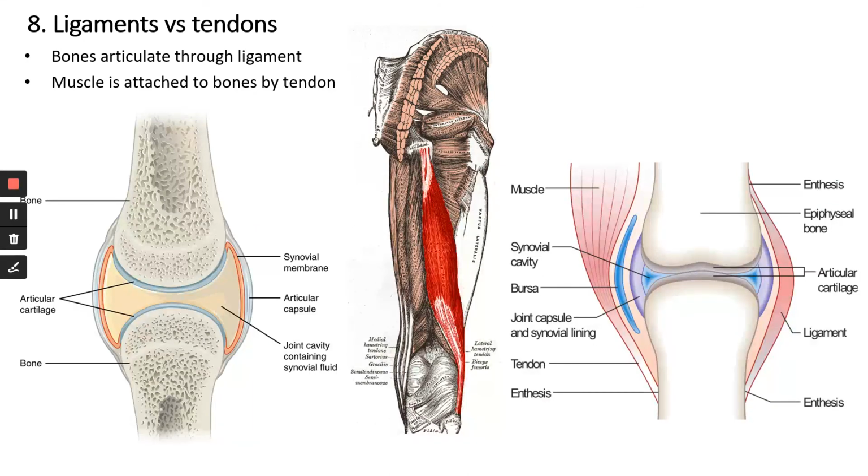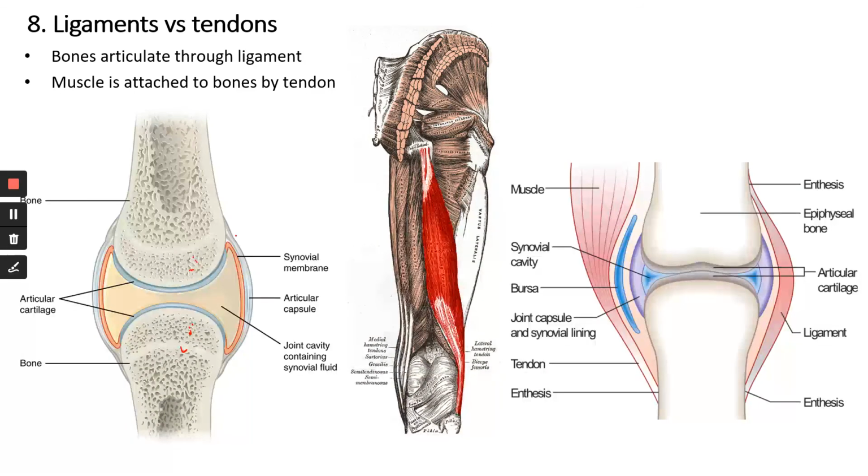We need to look at ligaments and tendons to know the differences between those two, because I have seen questions on the differences between those two structures. The difference is actually very straightforward. Remember, we just talked about joints, right? So you have adjoining bones. Ligaments connect bones to bones.